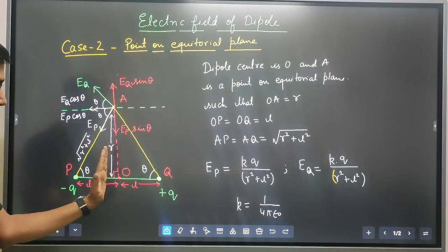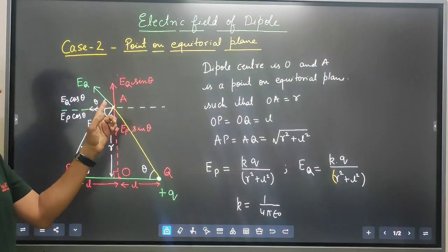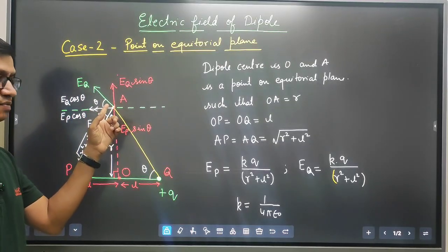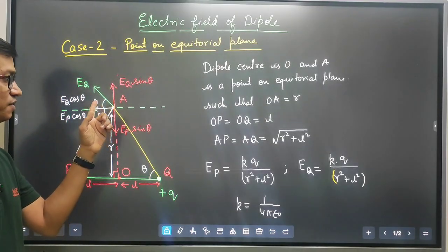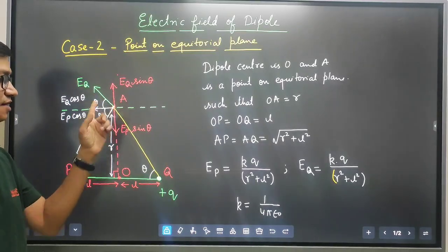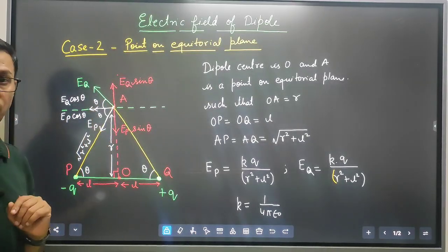So the point is A, where we want to calculate the net electric field of this dipole.